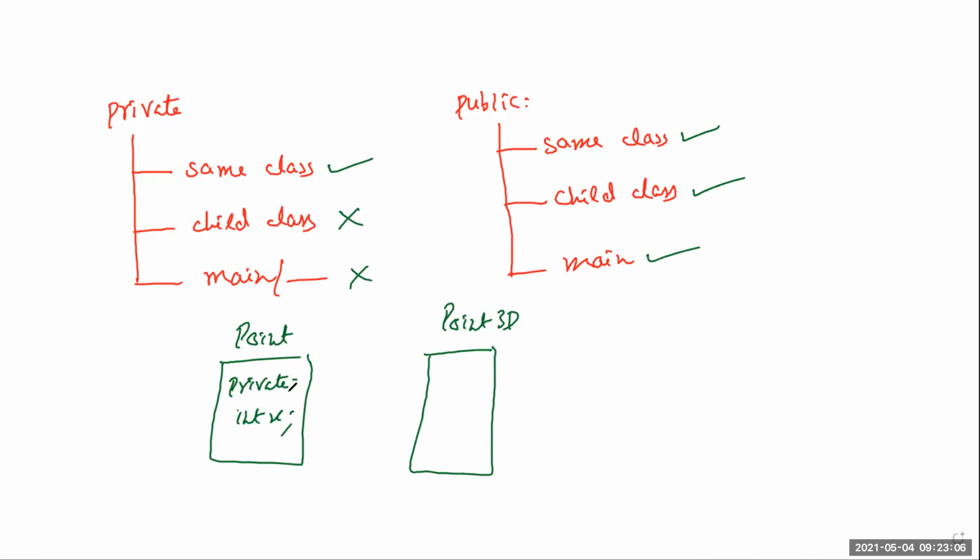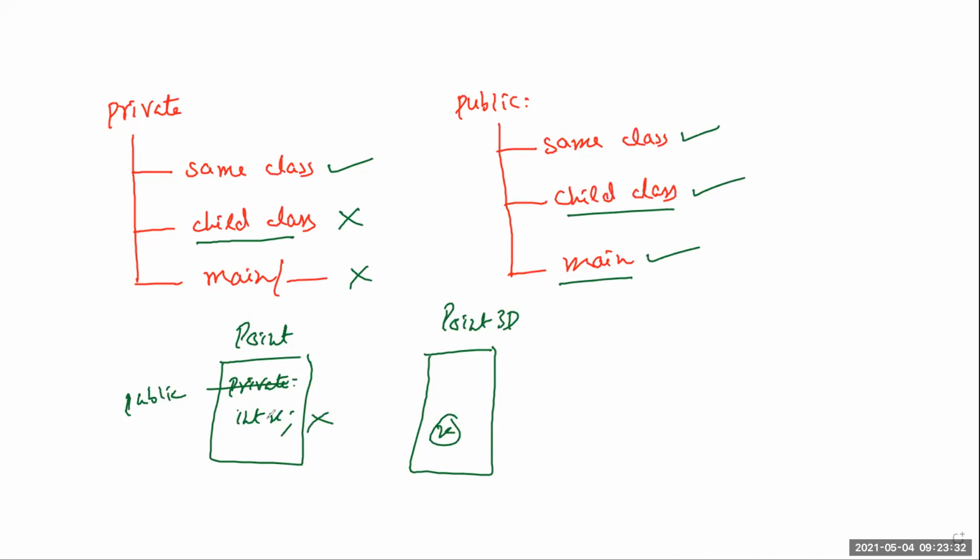Now we want to access this variable x here, which is not allowed, because if something is private, the child class cannot access it. One solution could be that we make it public rather than private. If I make it public, the child class will be able to access it. But what is the disadvantage? The disadvantage is that if something is public, then anything can access it.